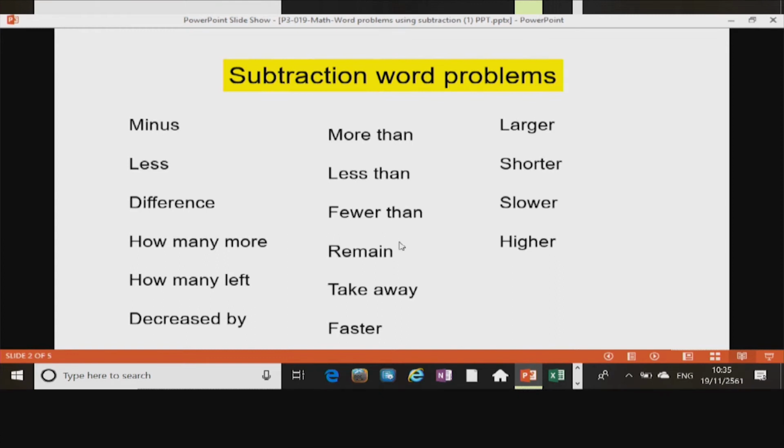Remain. Take away. Faster. Larger. Shorter. Slower. And higher. This is some of the vocabulary you will use when you're doing math equations, particularly subtraction.